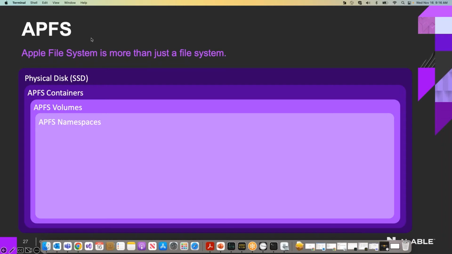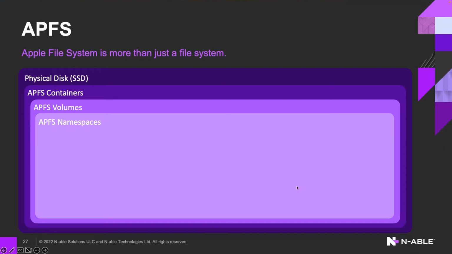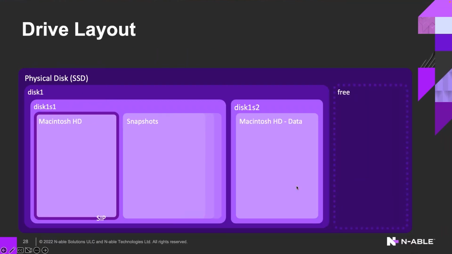And it's more than just a file system. It is also a protection item. So we'll see our specific containers here, starting with our entire physical disk, going down into the Apple file system.